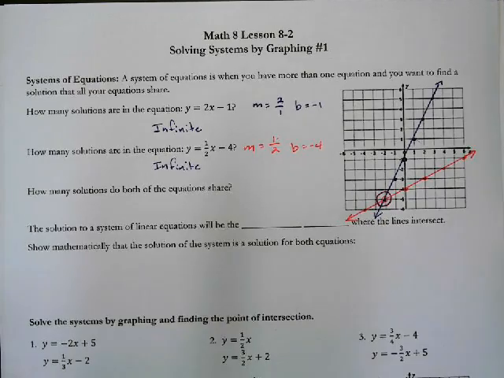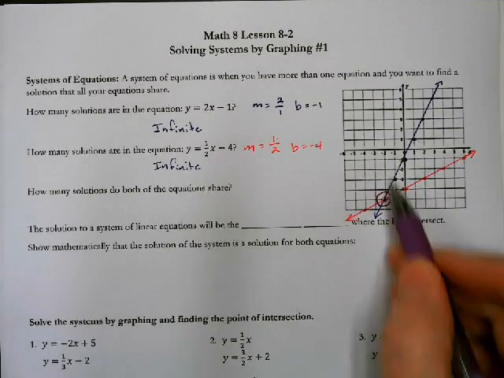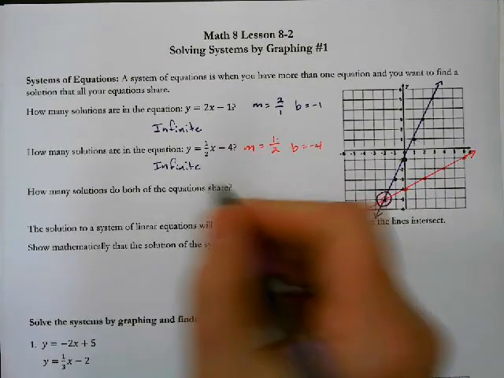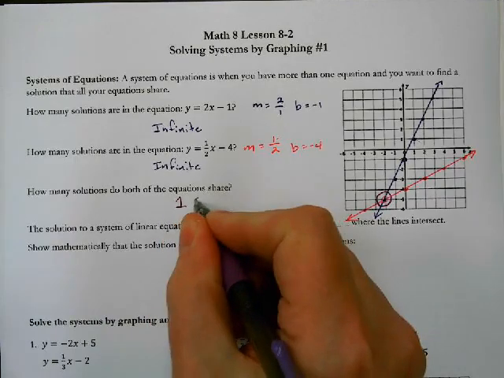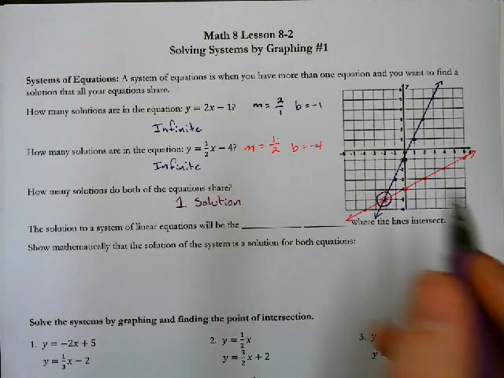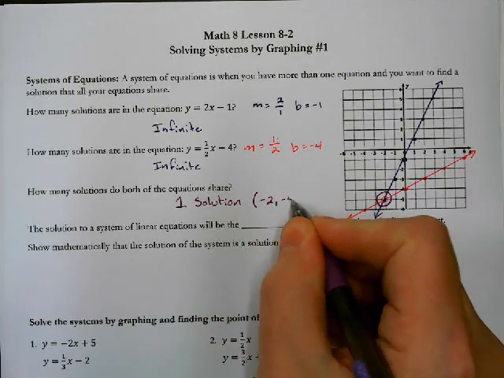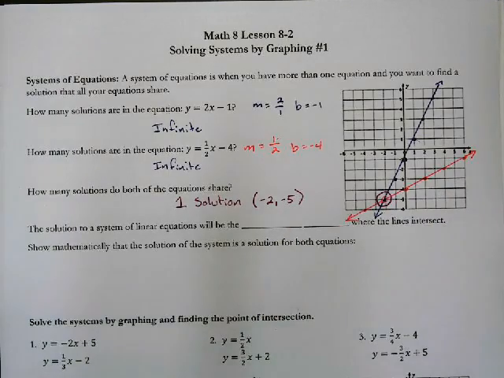They both have an infinite number of solutions, but there's only one solution that works for both of those equations. And the solution is negative 2, negative 5. They share one solution, -2, -5. That is the only solution that works for both equations.